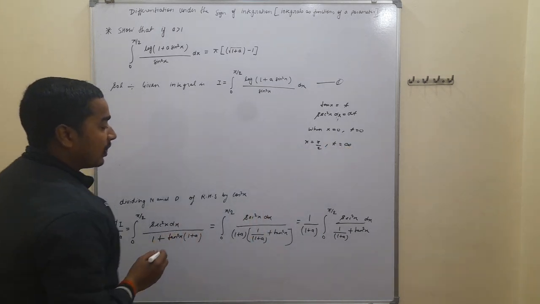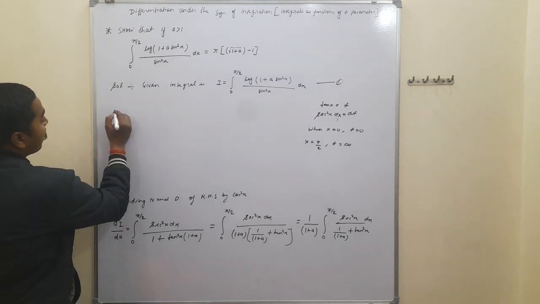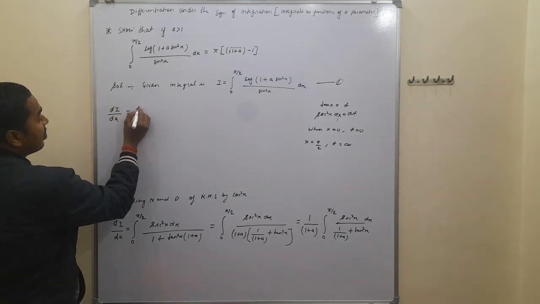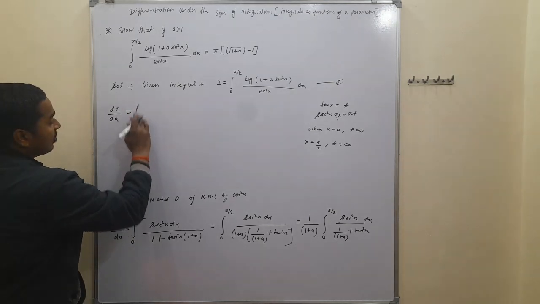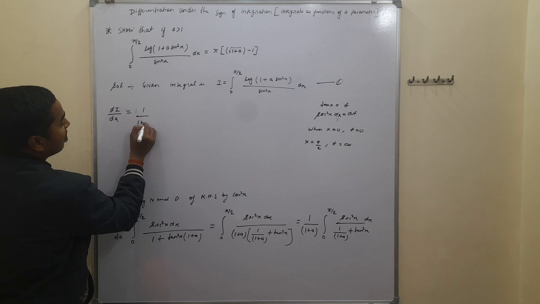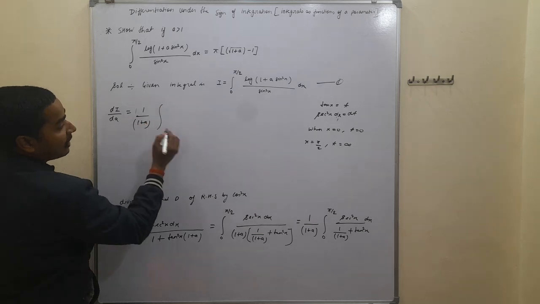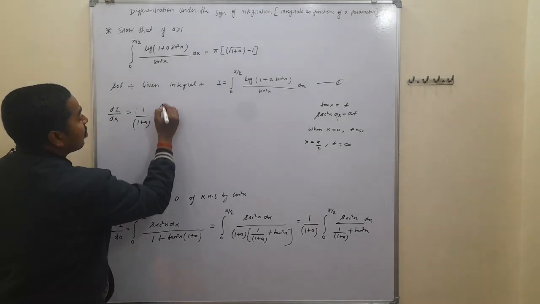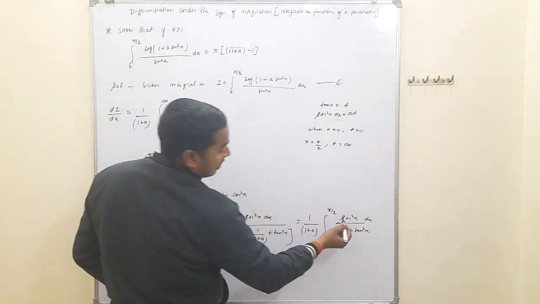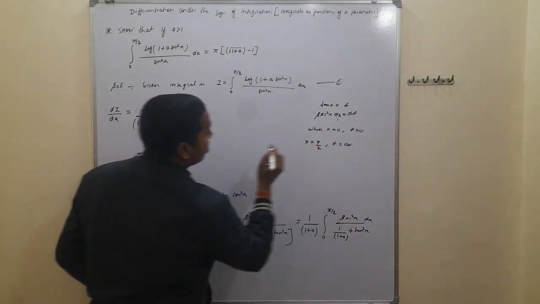Further we put the limit also: dI upon da is equal to 1 upon (1 plus a), and the integral limit is changed to 0 to infinity, and in place of sec square x dx we put dt.